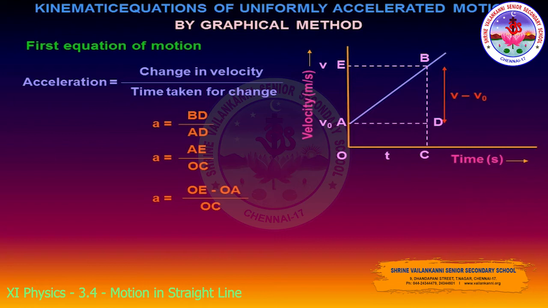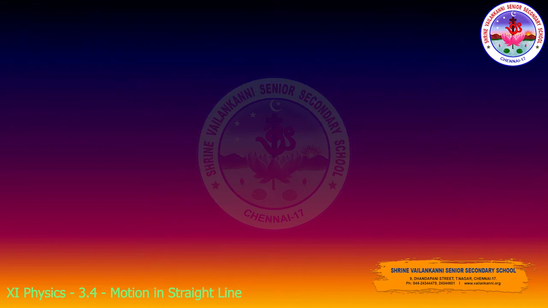OE minus OA, if you do, you will get AE. Now A is equal to, from the graph, OE, which is V minus V naught by T, right? So V minus V naught is equal to AT, or we can write V is equal to V naught plus AT. This is the first equation, as we know.